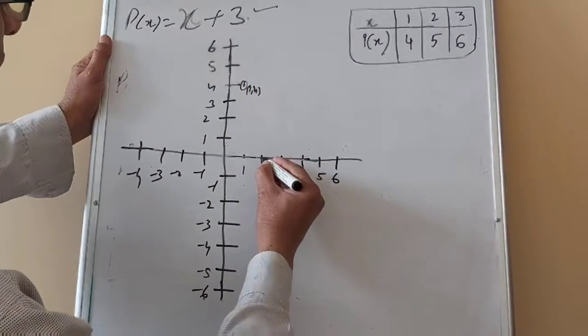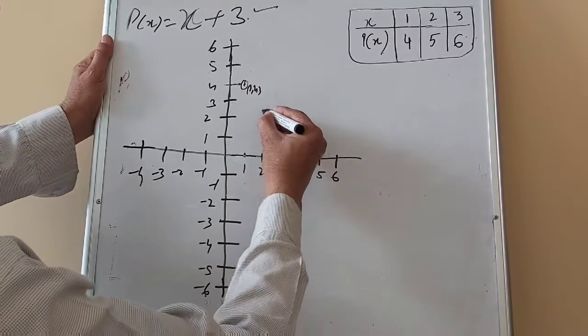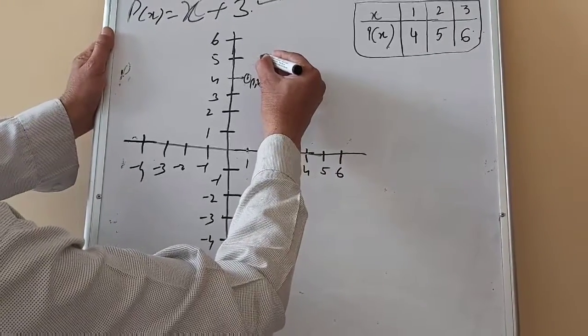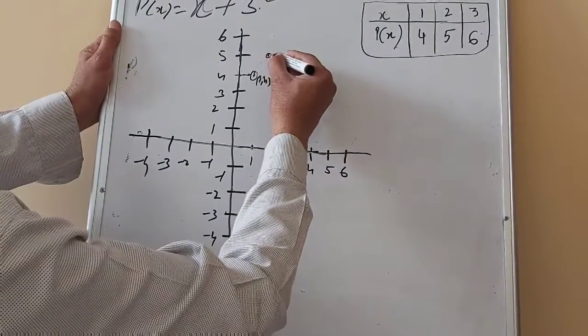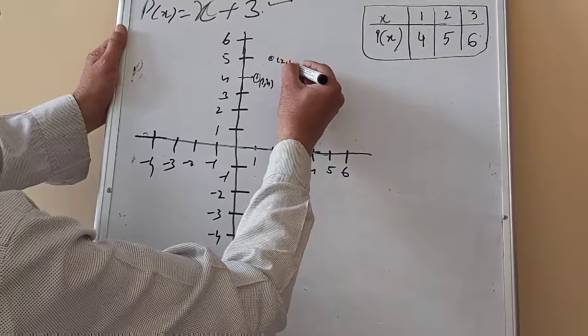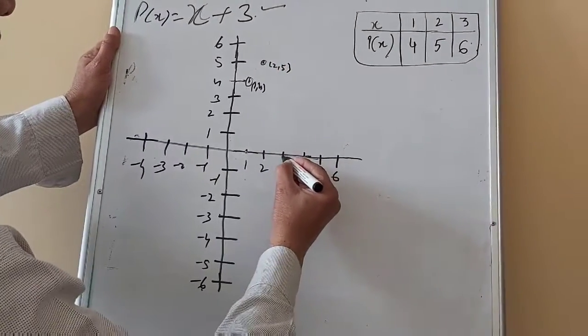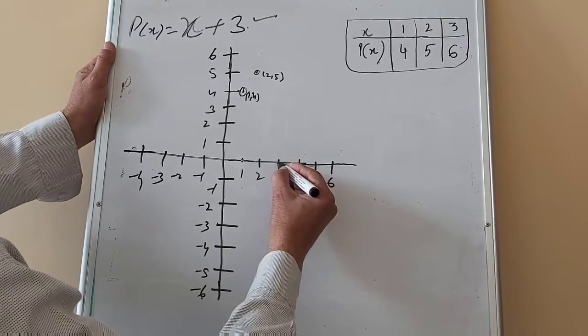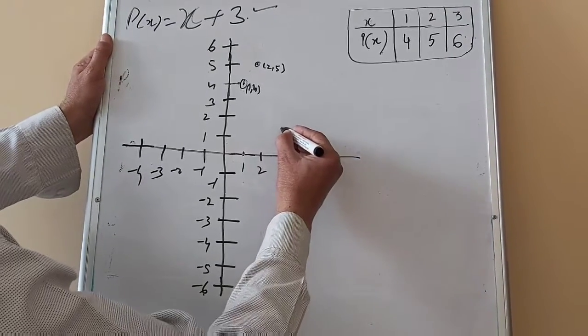The second one is 2 and 5. Third one is 3 and 6.